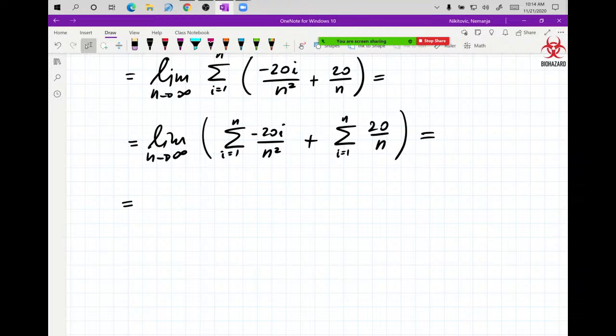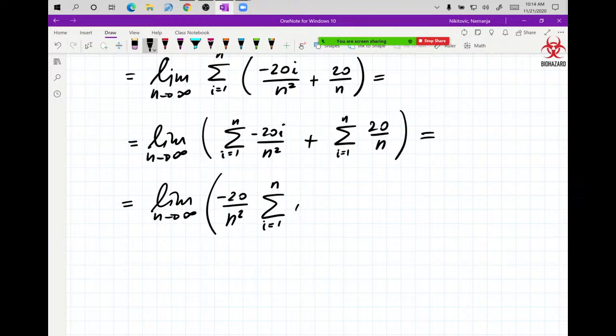Now we had that rule for limits, we had that rule for derivatives, we have that rule for integrals as well. So you have it for sums as well, right? So you can kick out negative 20 over n squared and just have the sum of i, plus you kick out 20 over n, you have the sum of 1.